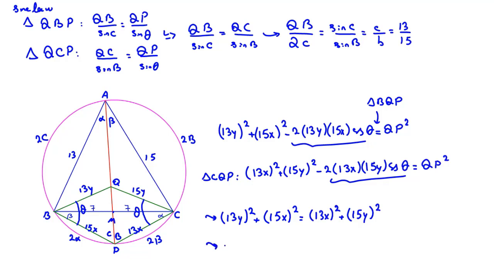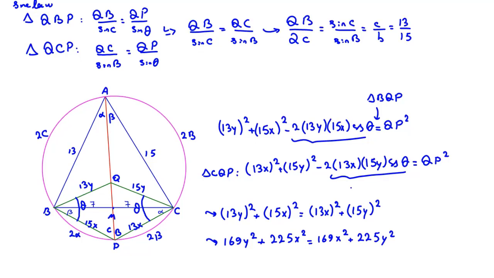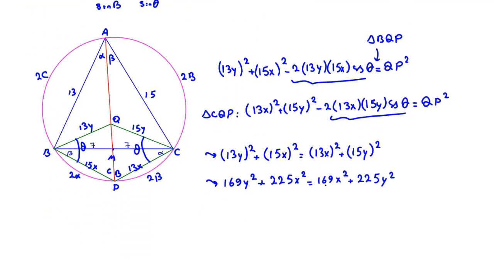Now, (13y) squared is 169y squared, (15x) squared is 225x squared, (13x) squared is 169x squared, and this one is 225y squared. Now 225 minus 169 is 56.